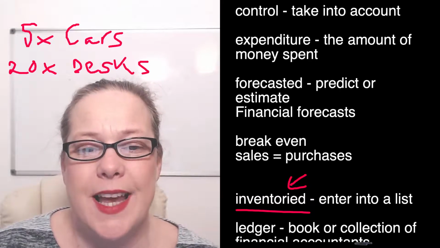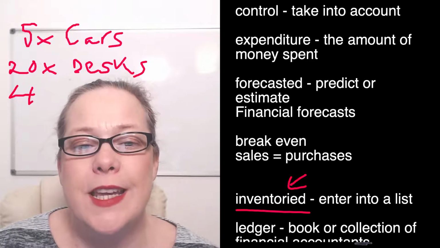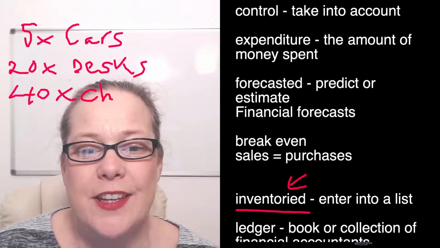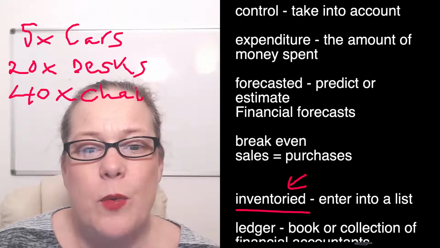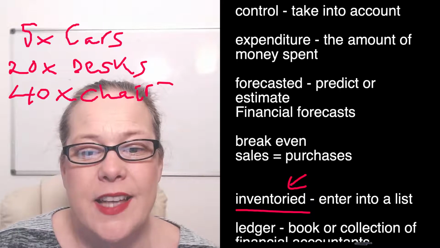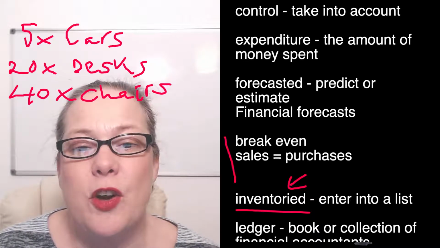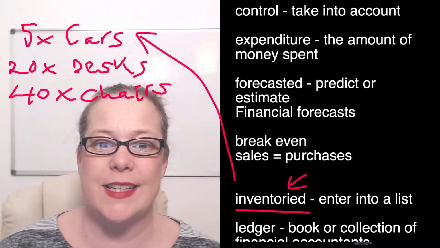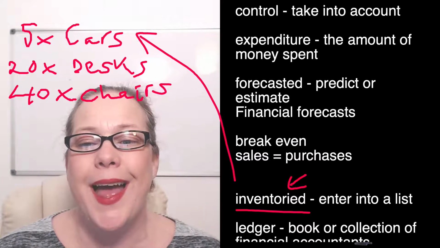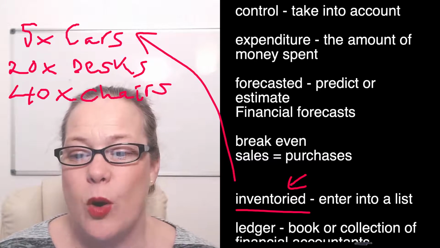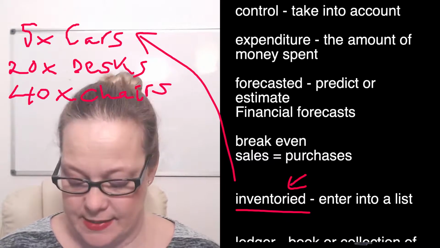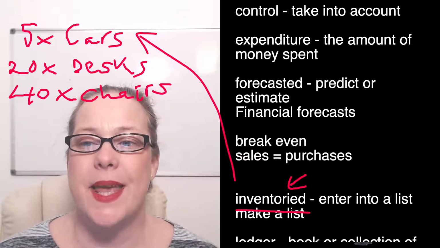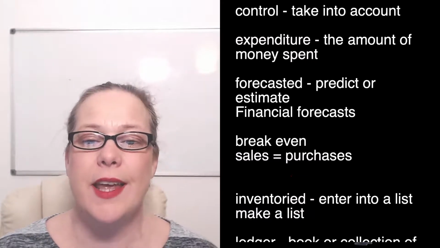Okay, 20 desks, 40 chairs. So what I have just done there is I have inventoried all of our purchases. So inventoried is to enter into a list or make a list. Make a list, okay? Inventoried.